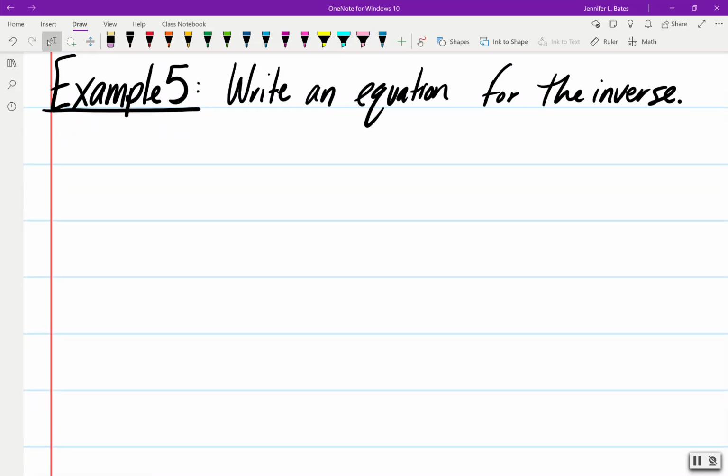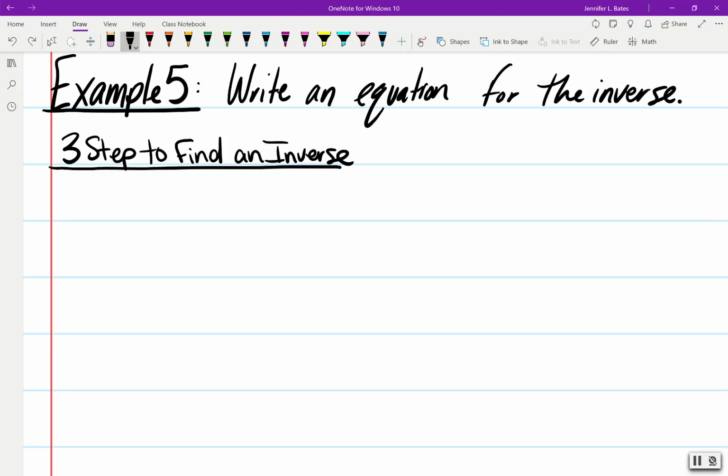Inverses, that was a chapter 7 topic. In chapter 7 we said there are really just 3 steps to find an inverse. 1, 2, 3. Does anybody remember step 1?